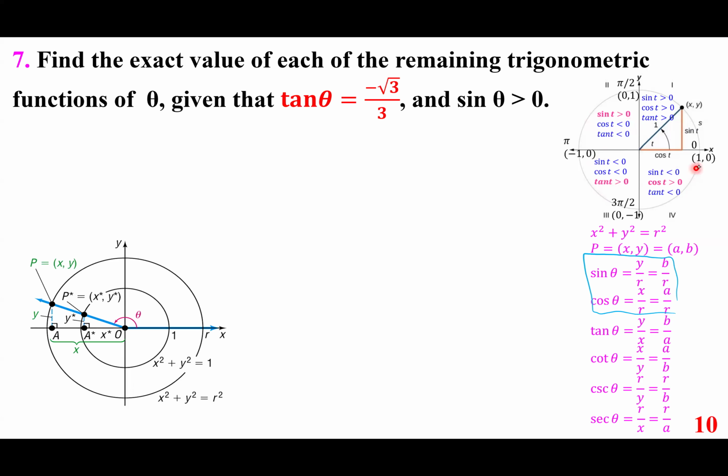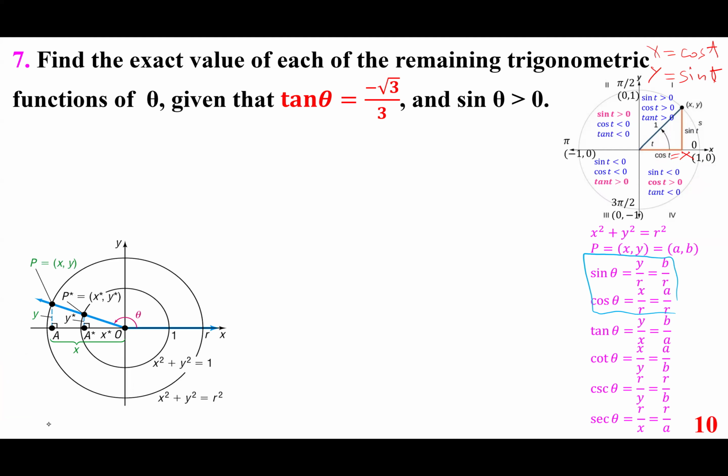When we go to the fourth quadrant, cosine is positive, and therefore secant. So remember, one easy way to handle this, if you have a unit circle, cosine corresponds to x, okay? So x is the same as cosine, y is the same as sine.